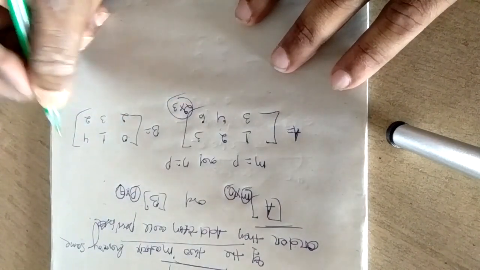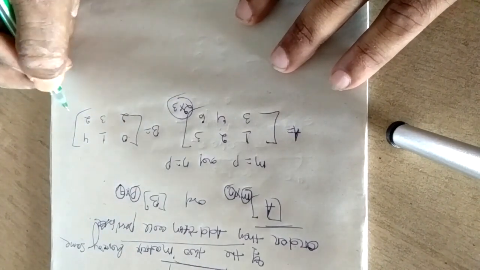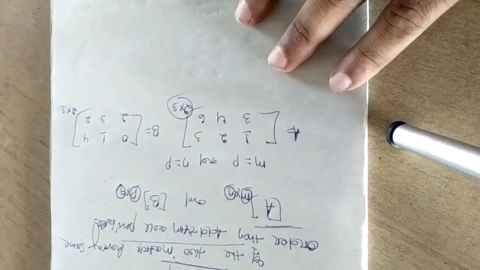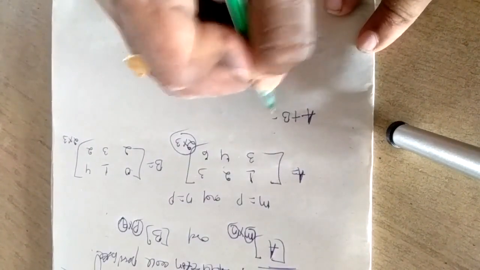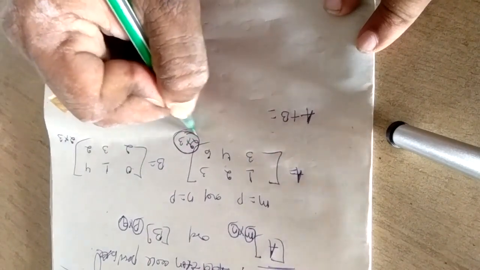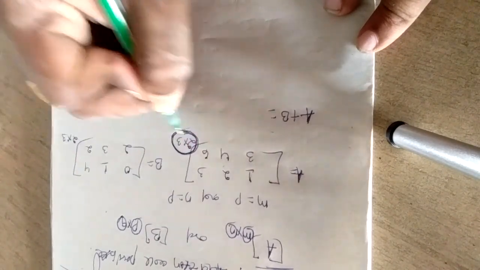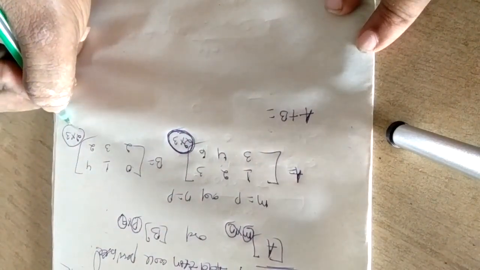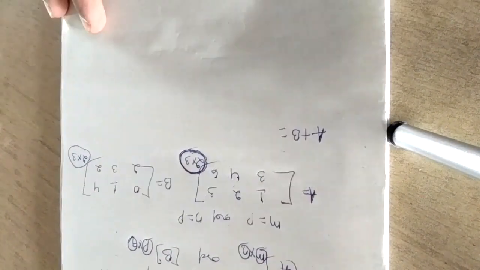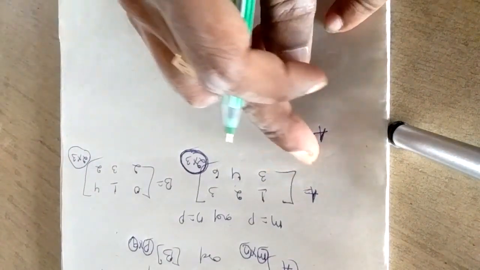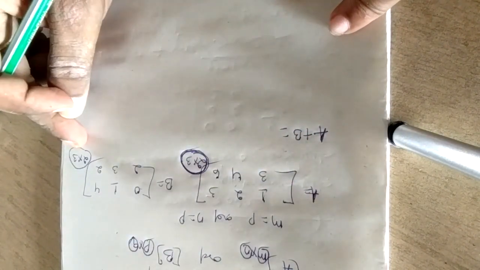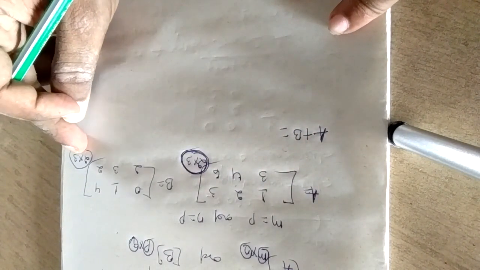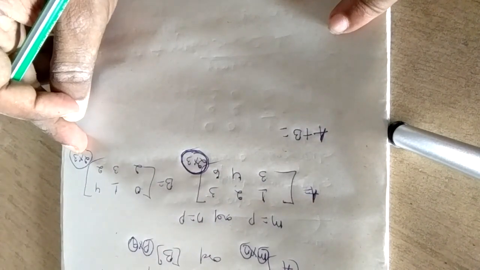This is also a matrix of order 2 by 3. So matrix addition will be possible, due to the condition that our order is the same. A matrix will be of order 2 by 3 and B matrix will be of order 2 by 3. So the addition is possible.